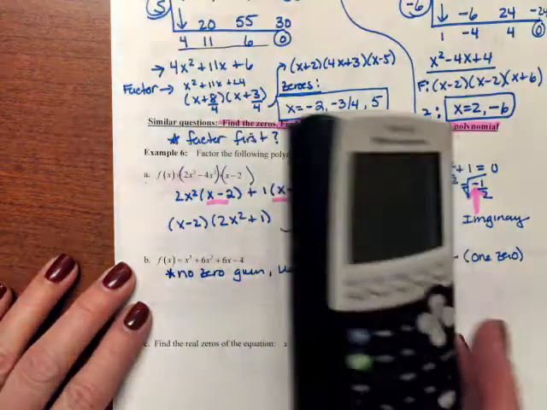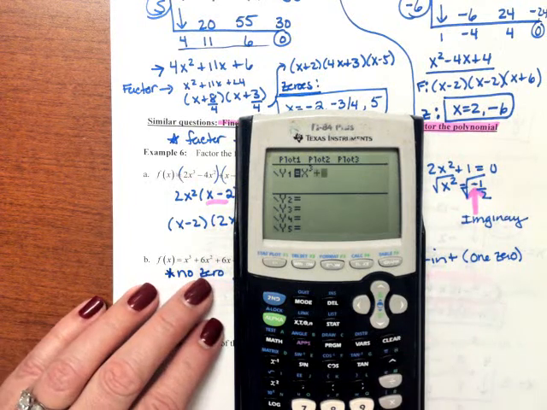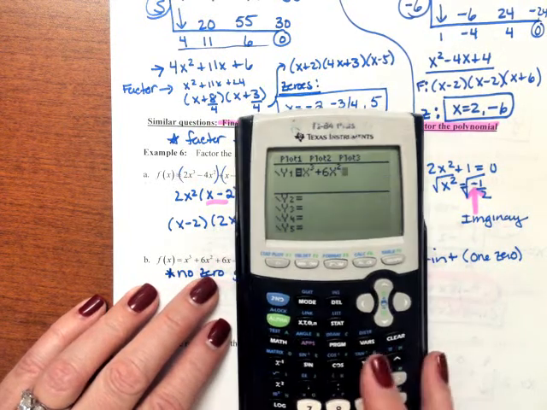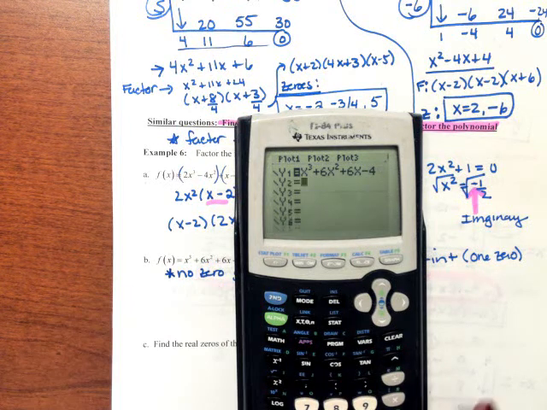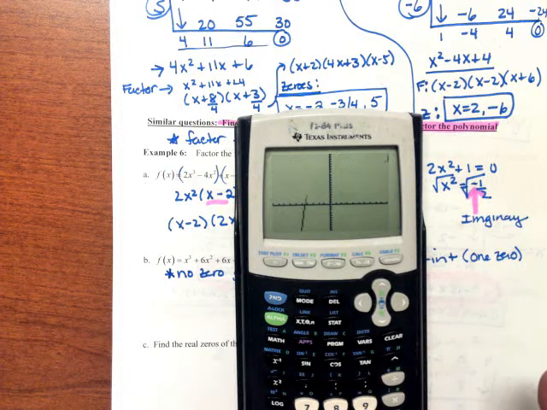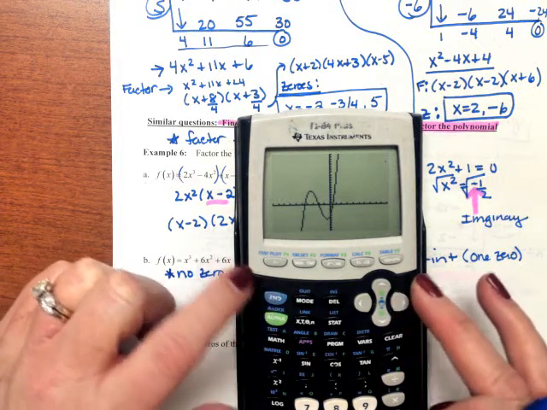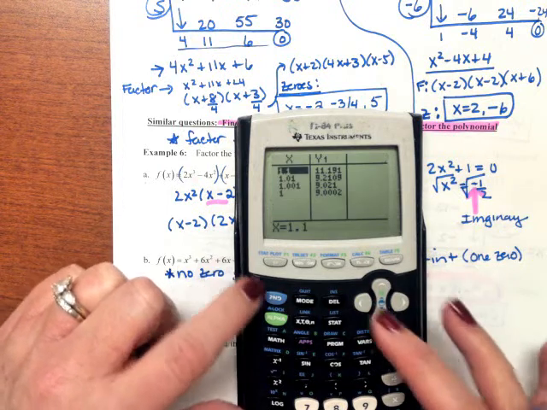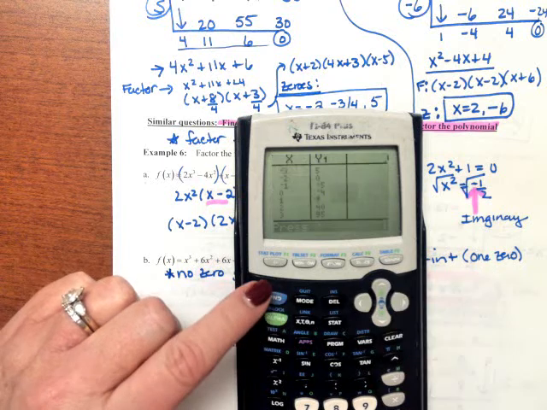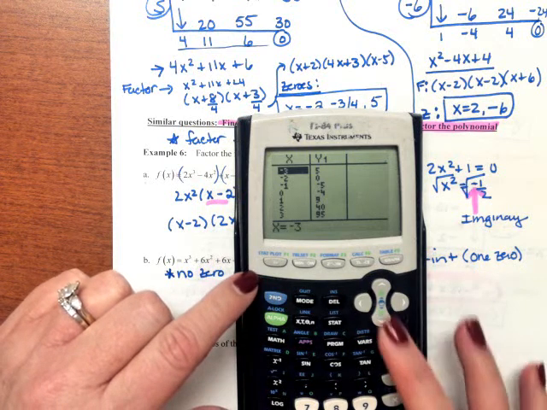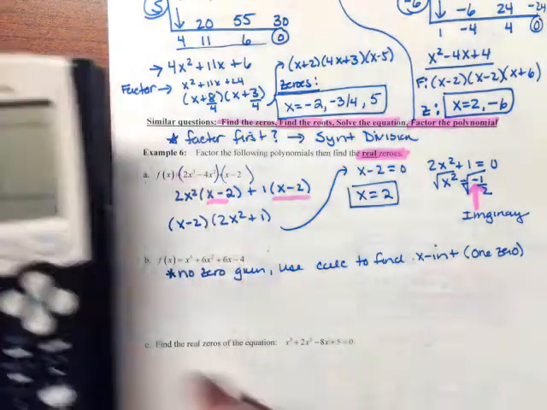So I'll go to my y equals, I'll type in x to the third plus 6x squared plus 6x minus 4. So one of my zeros, you can either go to your table, second graph. Oh, I need to change something to my table. So you can see how you have a zero at -2. So x equals -2.